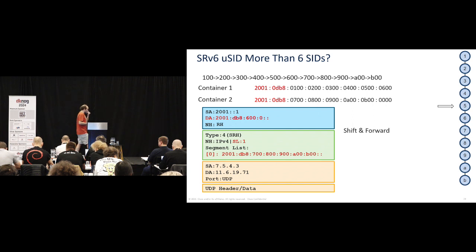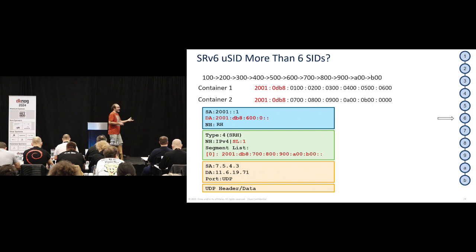And right now, you notice that at the end of the container there appears the value 0000, and we said that is a special micro-SID value, which is the end of the container. Now we reach router 6, and router 6 sees its micro-SID, and behind that, it sees the end of the container.